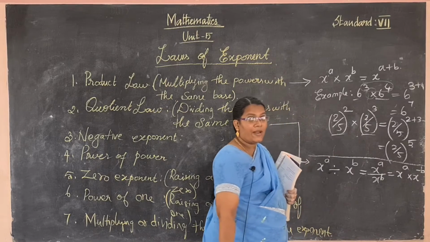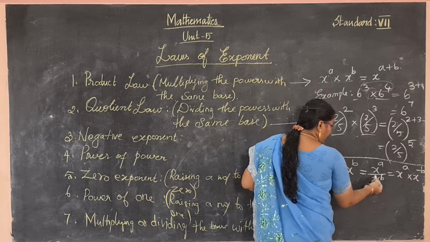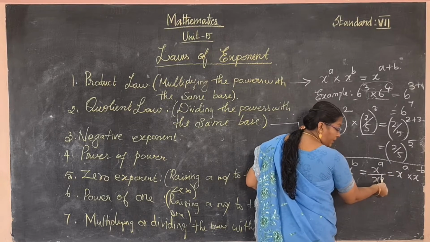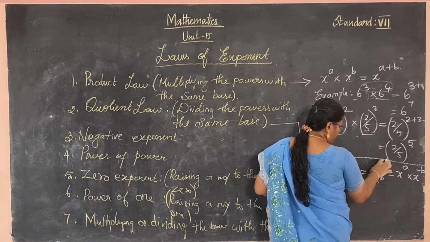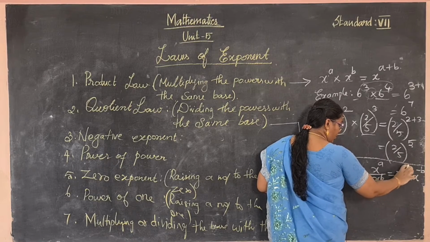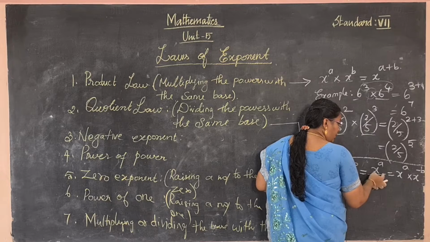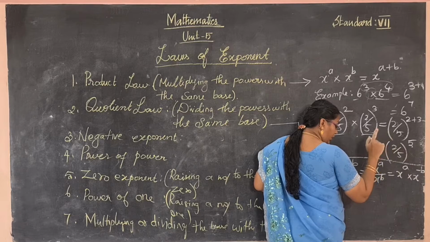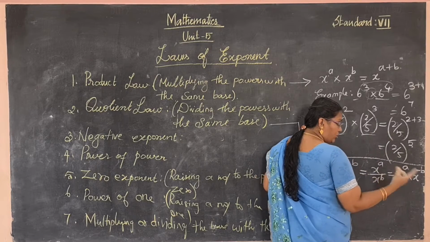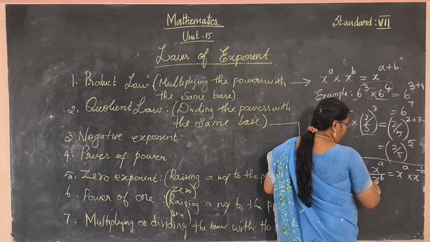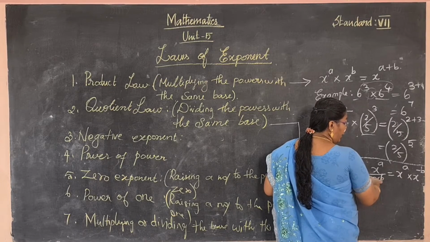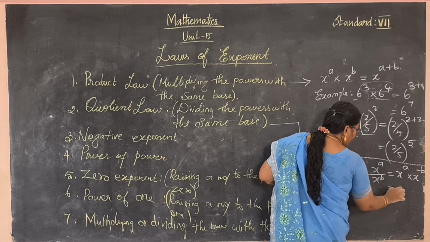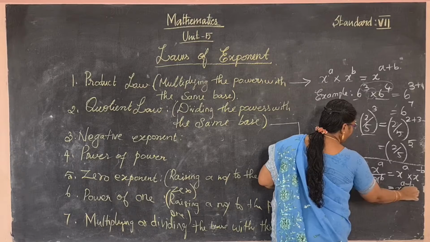Do you understand this place? Listen again. x power a divided by x power b: first the numerator value is the same, so first you write it. Then the denominator moves to the numerator, the division changes to multiplication, and the power b is written in the negative. Therefore, x power a minus b.